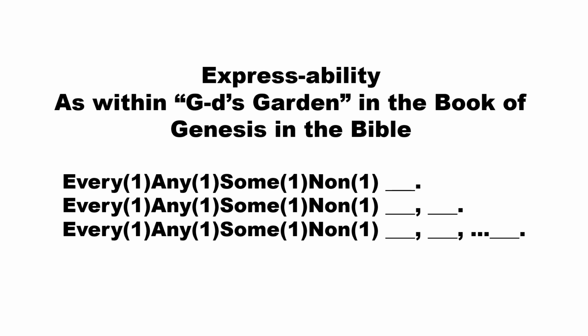Principal numeric objects one as complete expressions, system expressions of singular, paired, and multiple objects could give a source, principal expression source to any so-called object, and that could be God's garden.